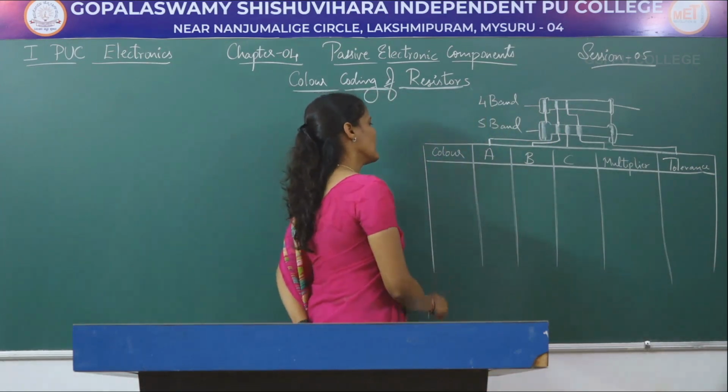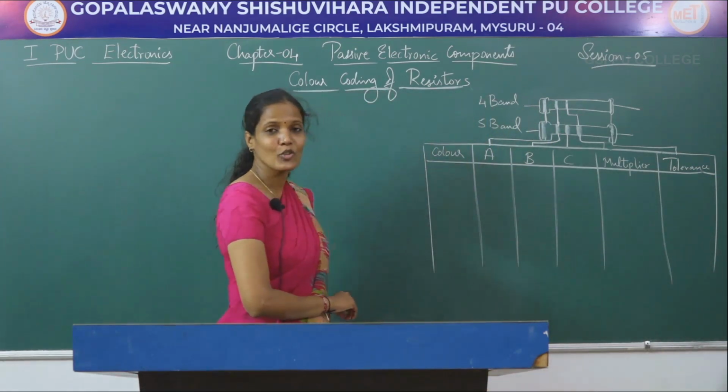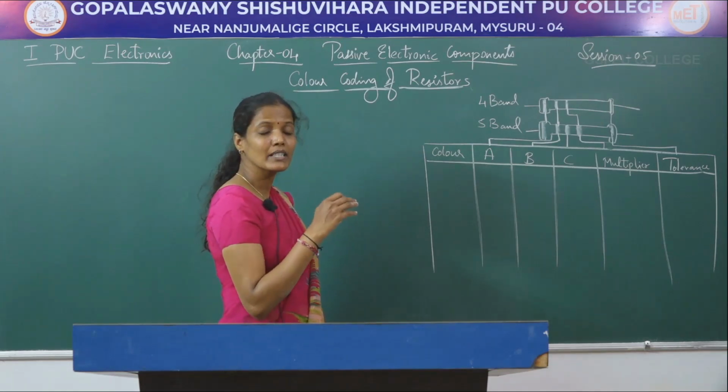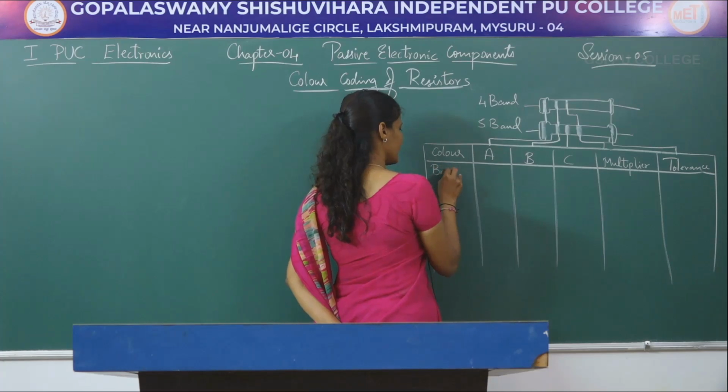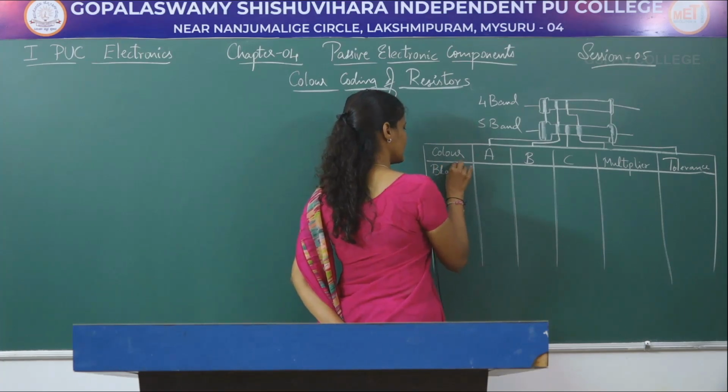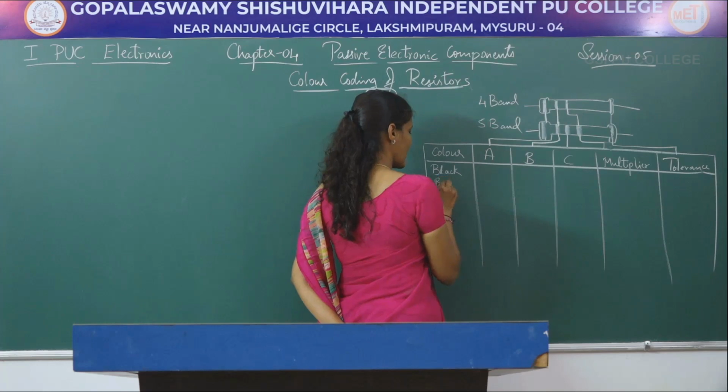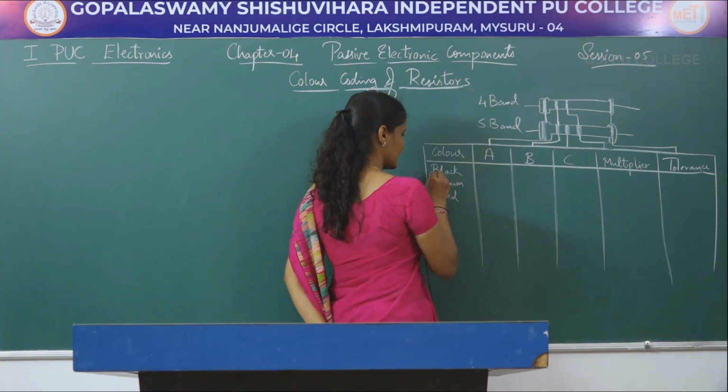Coming to the colors, there is a pattern through which we will be able to remember the colors in the same manner. So, the very first color is black, next comes brown, next comes the red color.